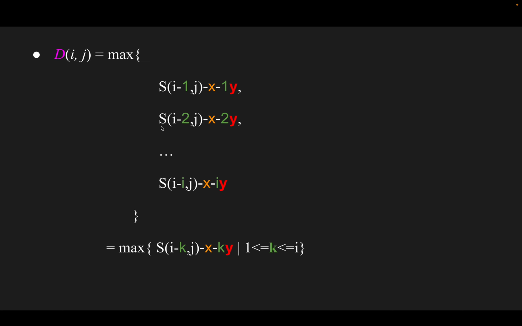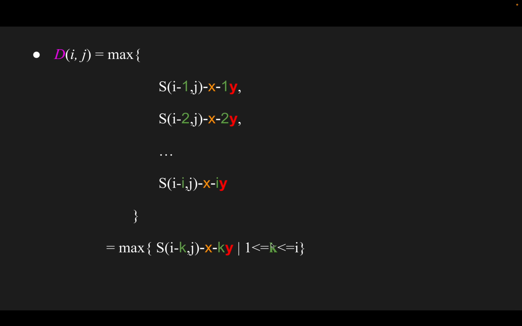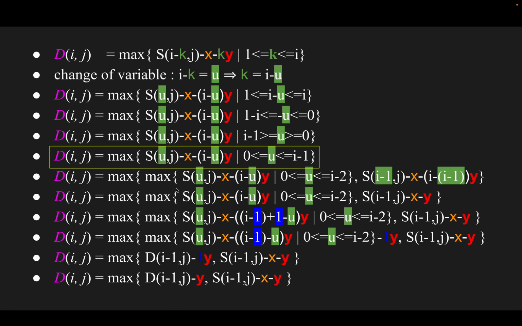The final form will be the maximum of S_{i-k,j} minus x minus ky, with k from 1, which corresponds to this one, until k equals i.